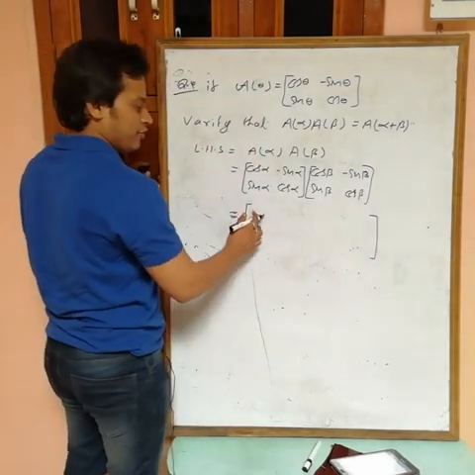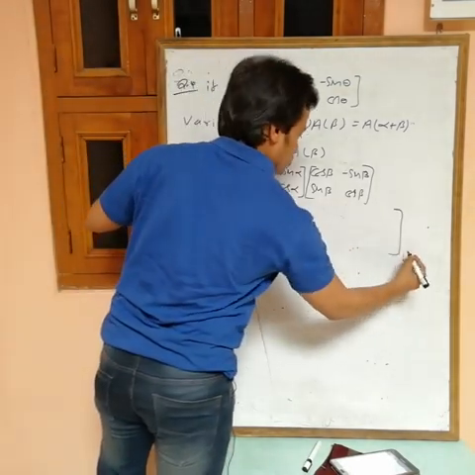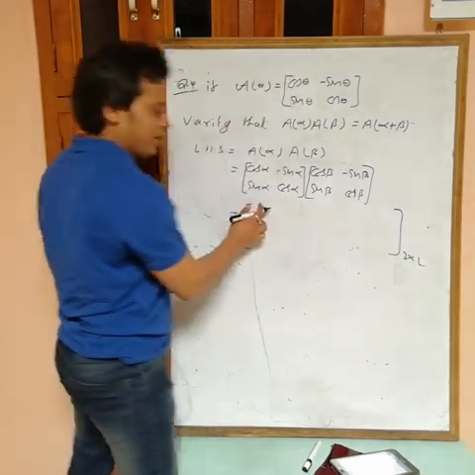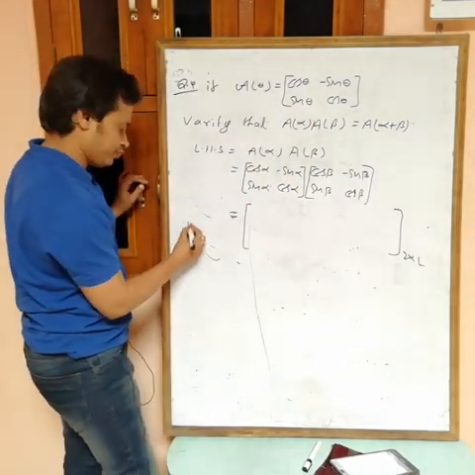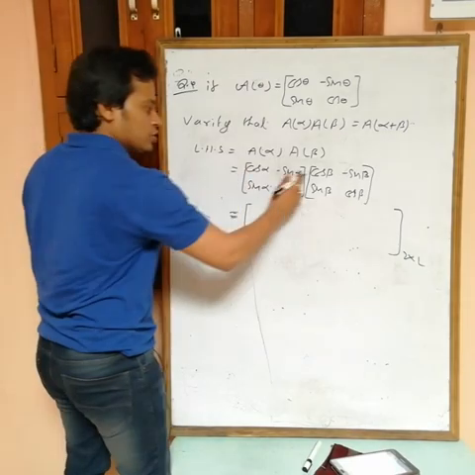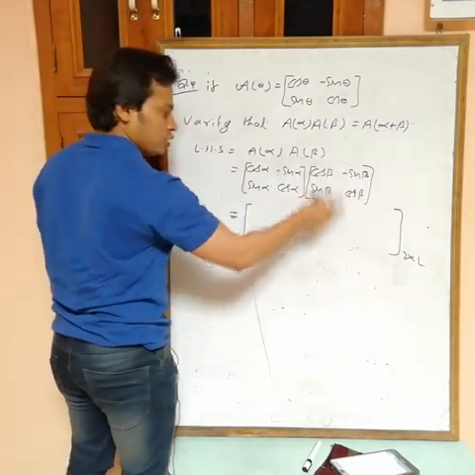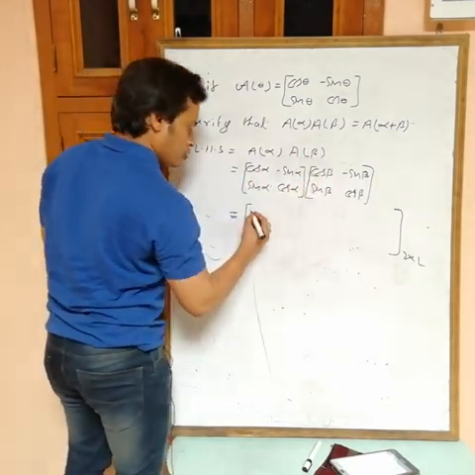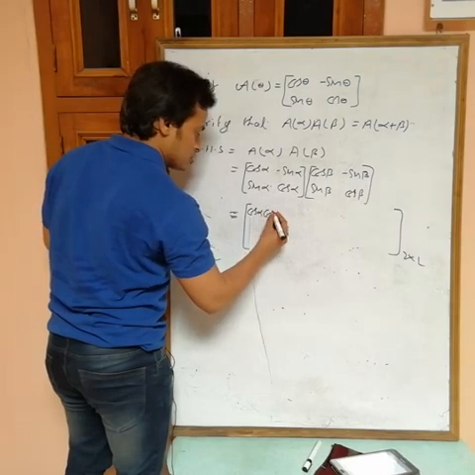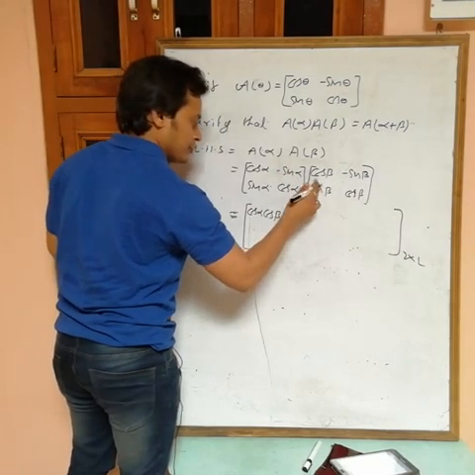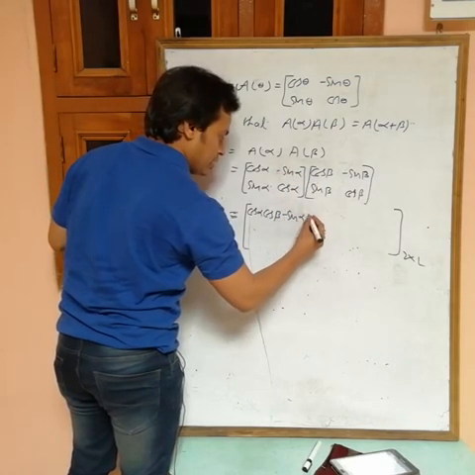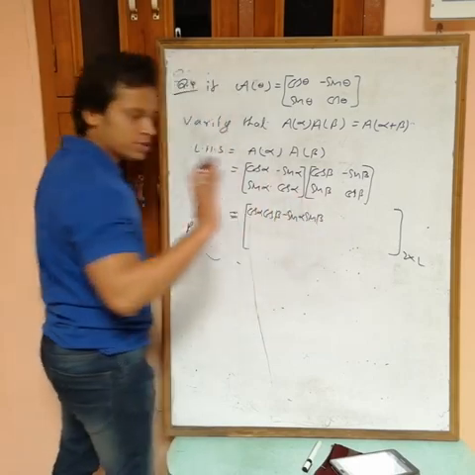Suppose this is 2 by 2. So P11, how to get P11? First row, first column. This one into this one: cos alpha cos beta minus sin alpha sin beta. This is P11.